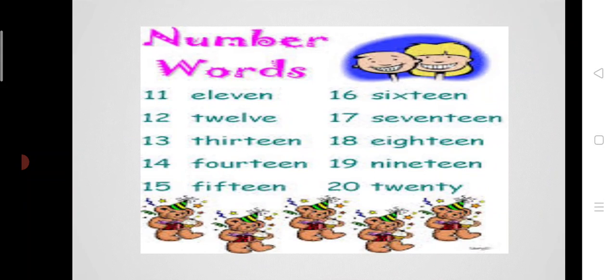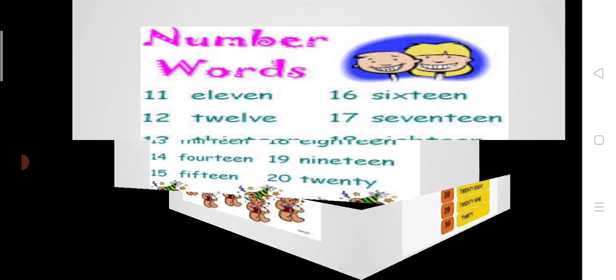Next is 11 to 20: 11, 12, 13, 14, 15, 16, 17, 18, 19, 20. All these numbers we discussed in the last video. Now let's start with the next number names.